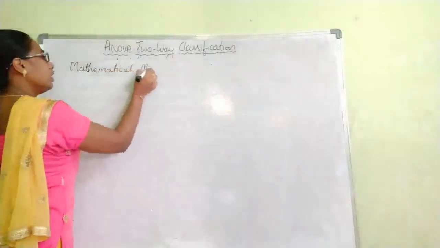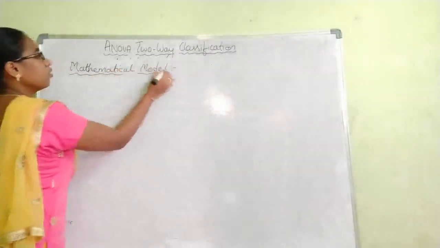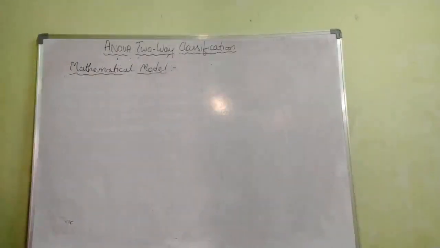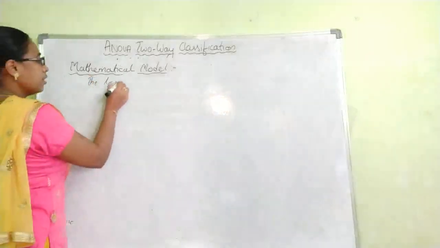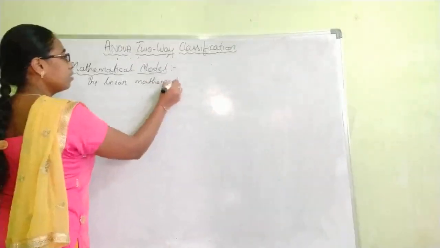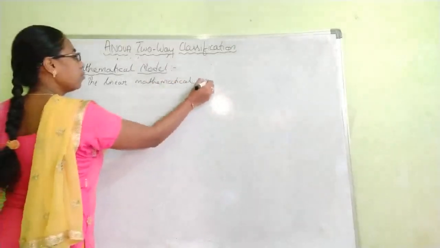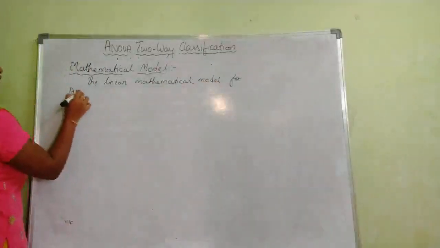So the linear mathematical model for the ANOVA two-way classification.